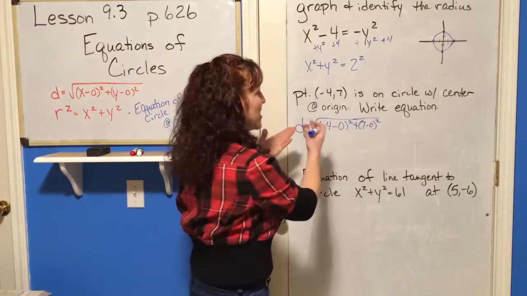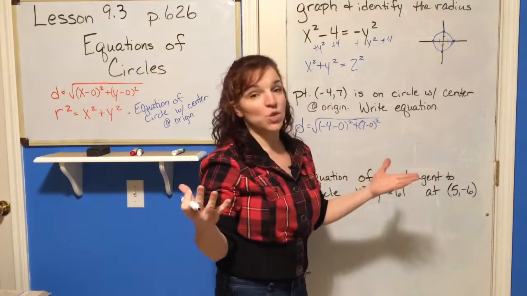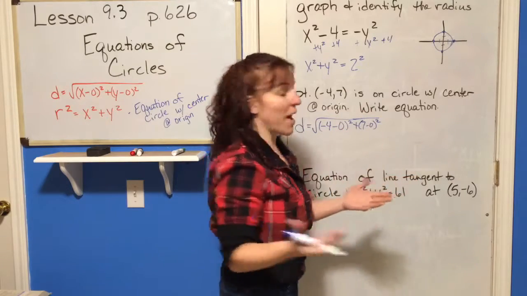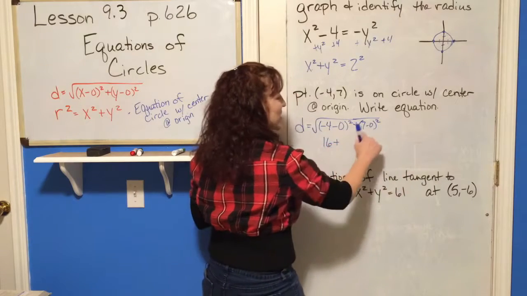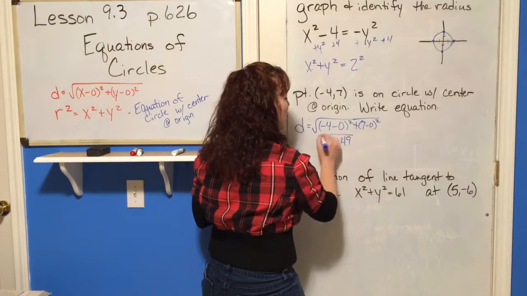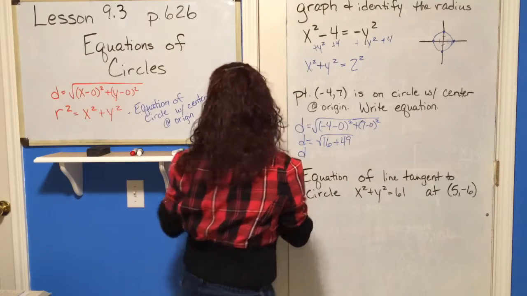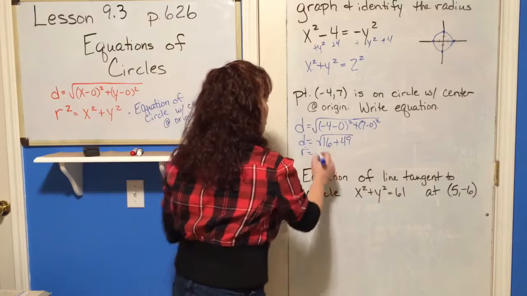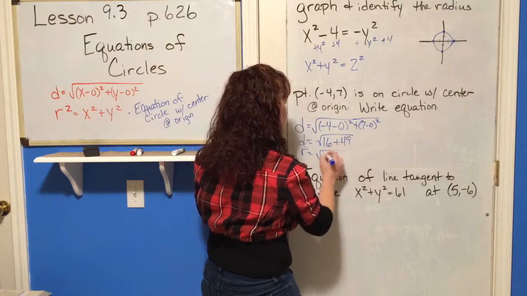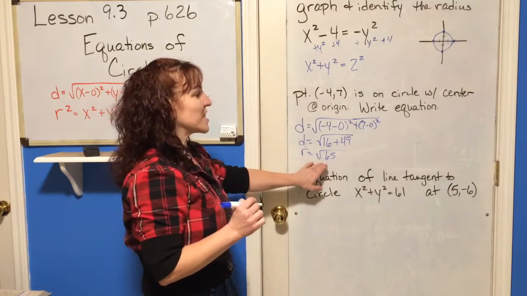In this distance formula, you're taking x minus x, y minus y, but because the center's coordinates are 0, it doesn't matter. So -4 squared is 16. 7 squared is 49. So now the distance, or the radius, is the square root of 65. So the radius is the square root of 65.